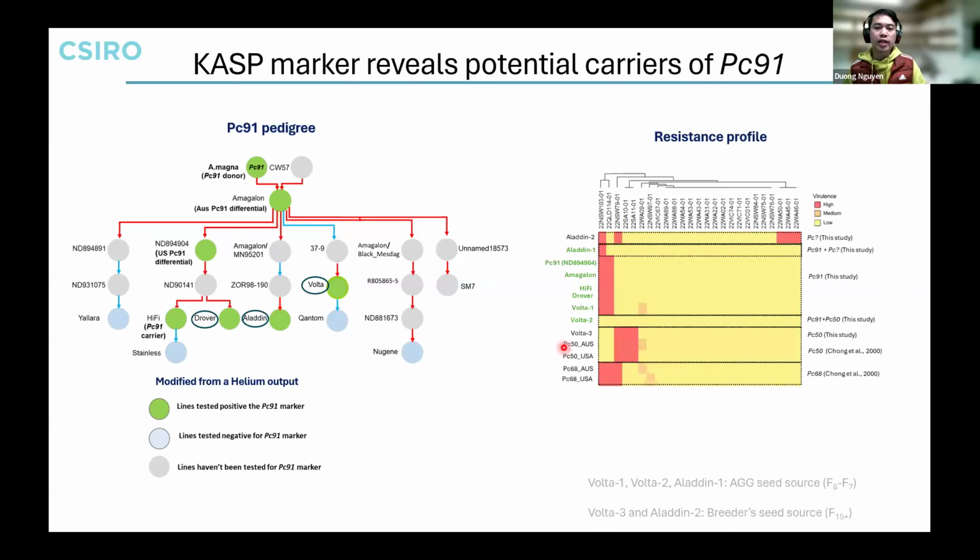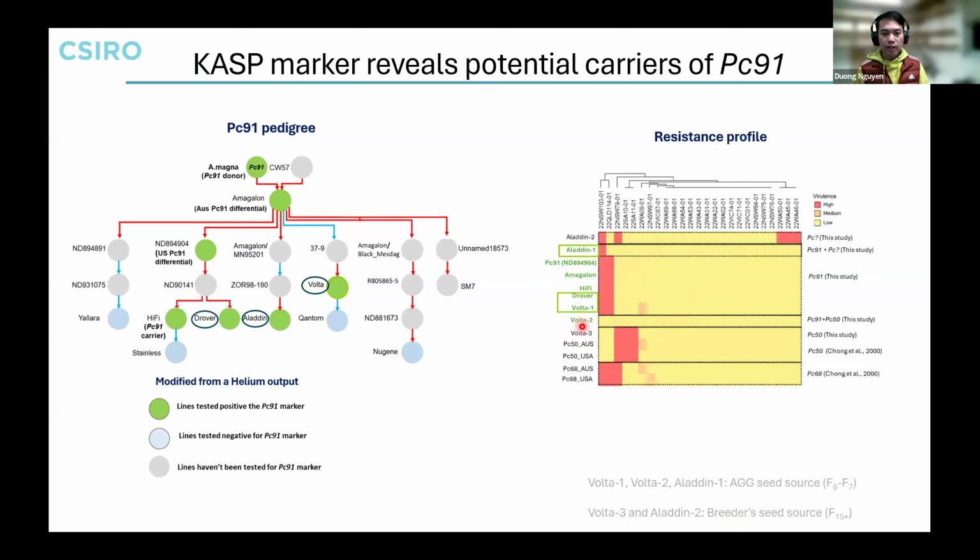Then we went on and checked the resistance profile to see if the result from the pedigree and the CAPS assay matches the phenotype as well. Here we're looking at the resistance profile, including the PC91 carriers and the ones positive for the marker, in green.